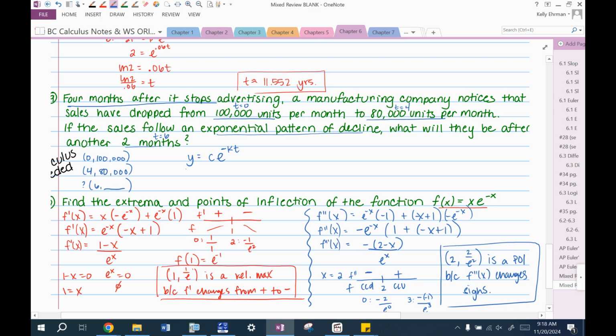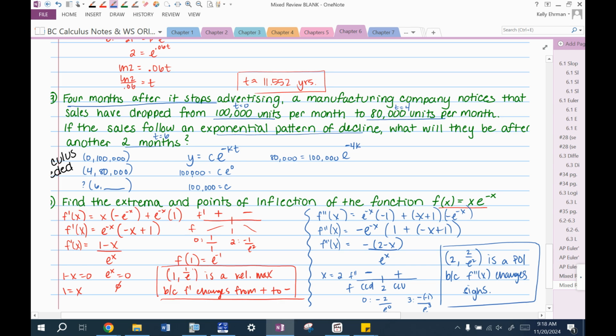But anyway, when y is 100,000, t is 0. So c is 100,000. And whether you show the work or not for that is up to you. And then when y is 80,000, I now know that c is 100,000. And that happens when I plug in 4 for t, so negative 4k.